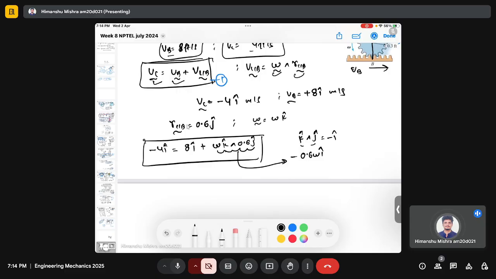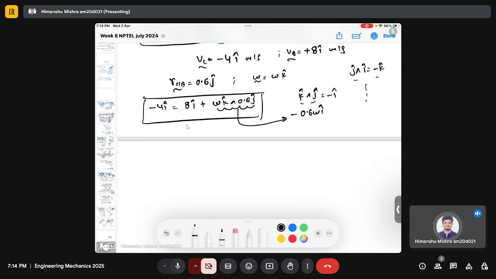Similarly, if you take the cross product between j and i, you will get minus k cap, and so on. So the above equation will be minus 4i equals 8i minus 0.6 omega i. Now every term here is in the x direction.